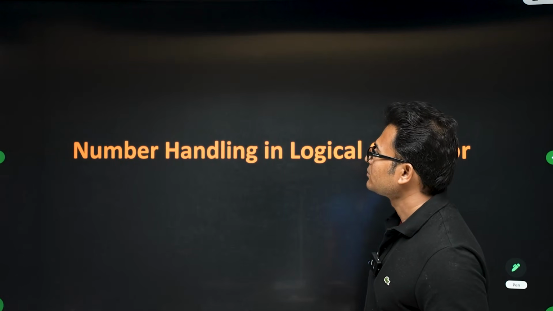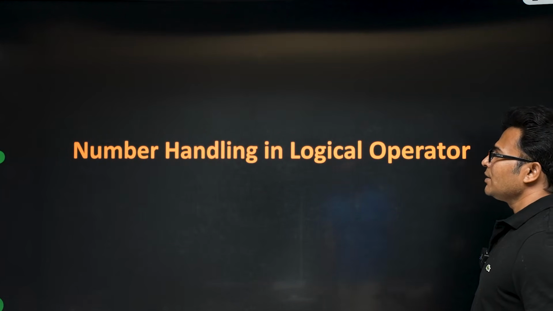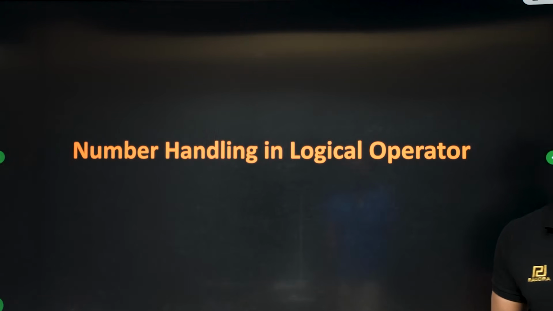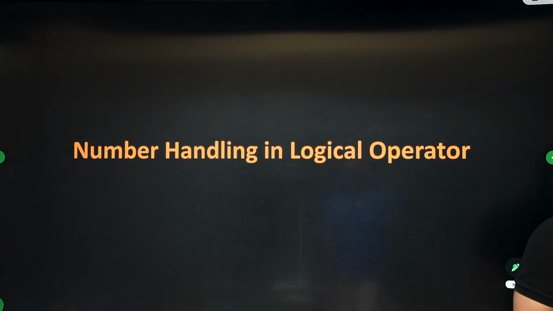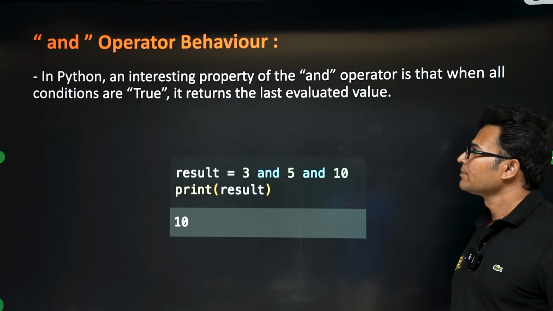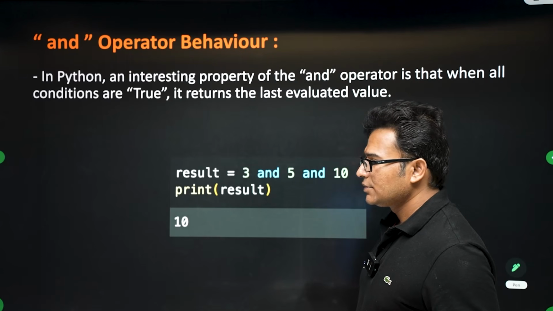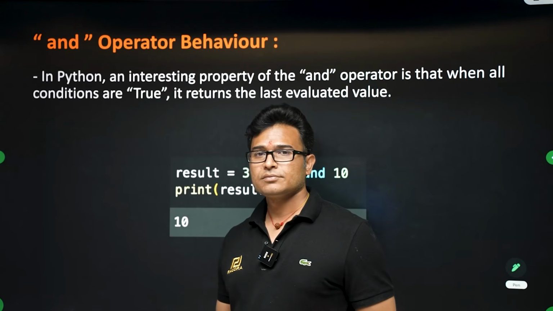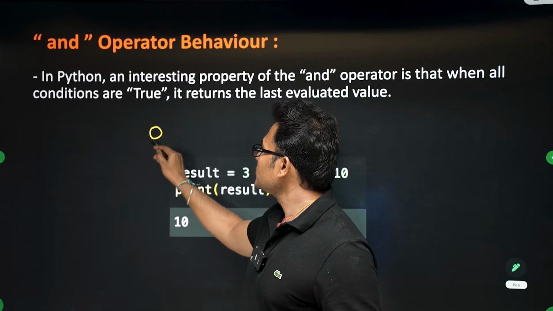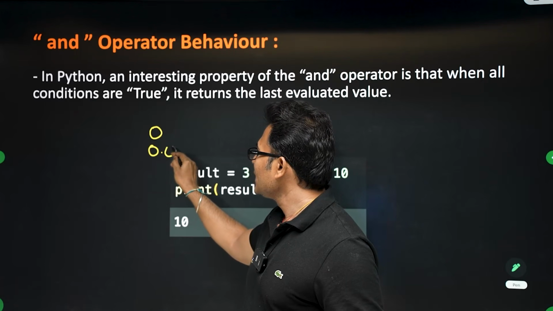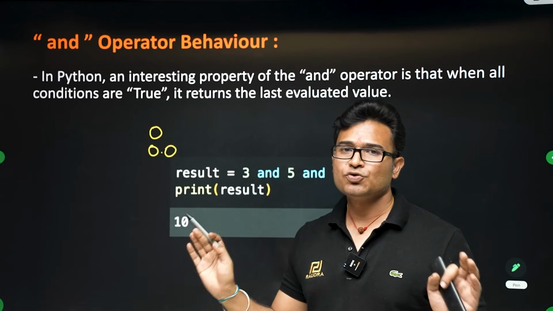Okay. Now let us see how to handle numbers in logical operators. So in Python, 0 is false, 0.0 is false, anything other than that is true.